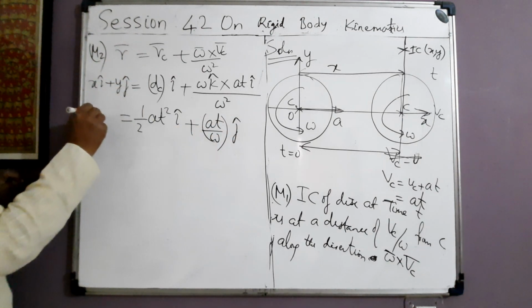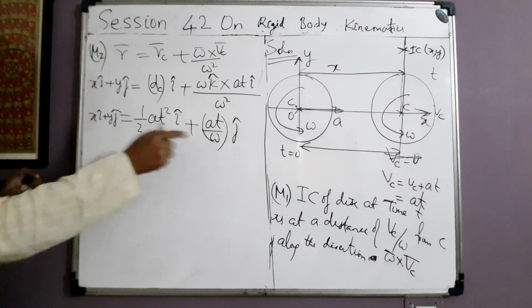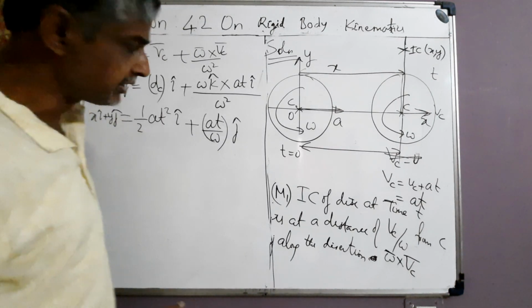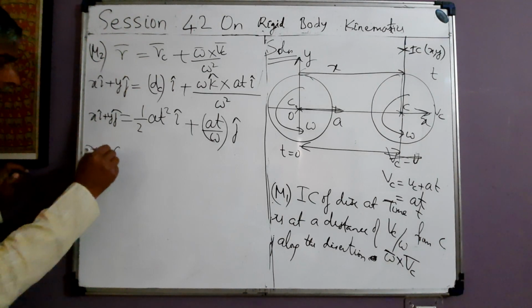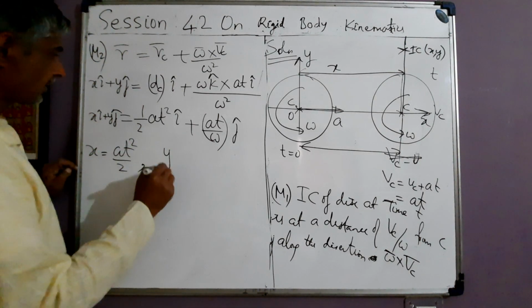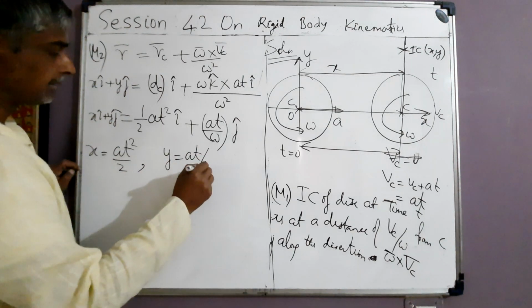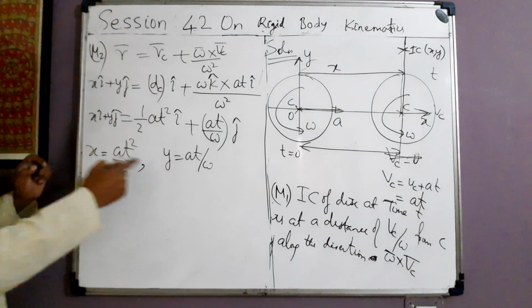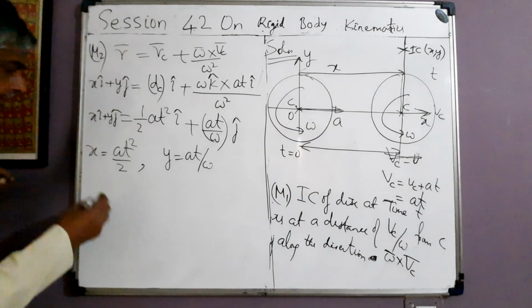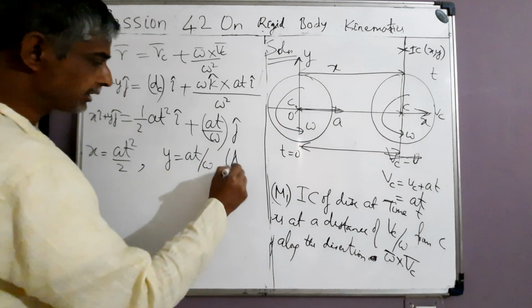So this becomes x i hat plus y j hat equal to this much. Now we compare the respective coefficients of i hat and j hat on both sides. We get x equal to at square by 2 and y equal to at by omega. These are the same x and y coordinates as we obtained in method 1 of this question.